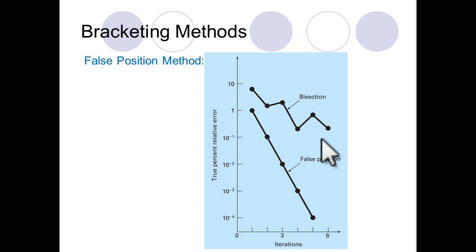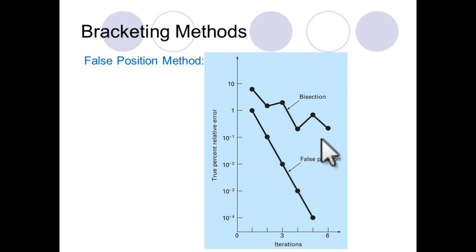Now let's look at the convergence for a function like this, x to the power 10 minus 1. Of course, as usual, all methods may have some drawbacks, and certainly the false position method has a drawback.